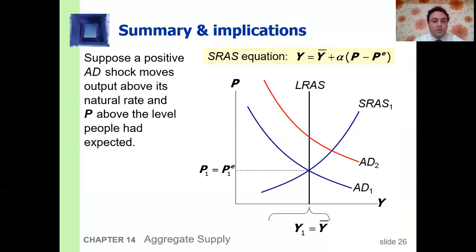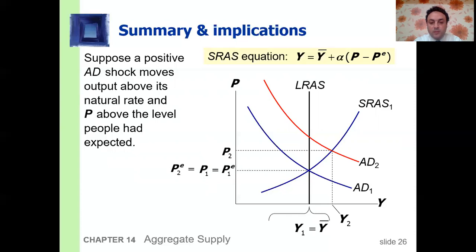If there is a positive shock to the aggregate demand, it will shift to the right from AD1 to AD2. So the output, or Y, will move to this intersection, Y2. It's above the natural rate, and then the price will be above the level people expected.